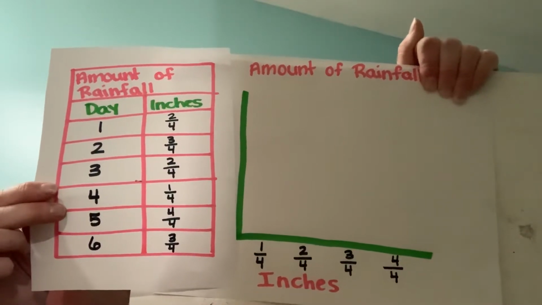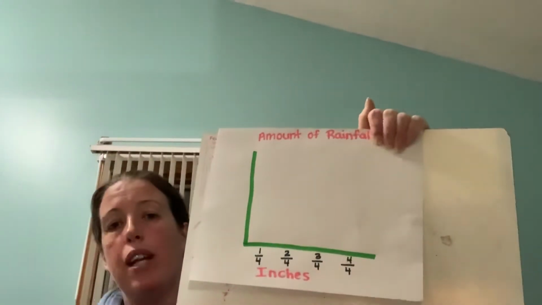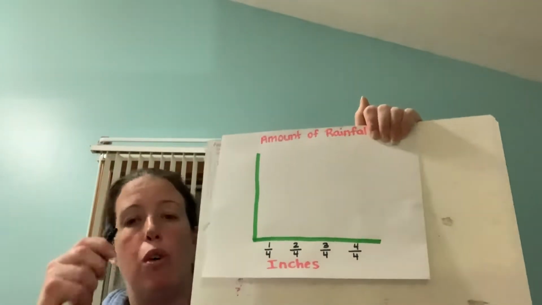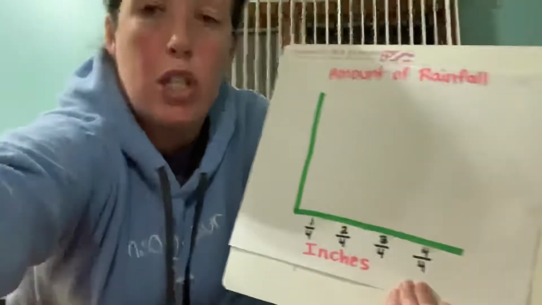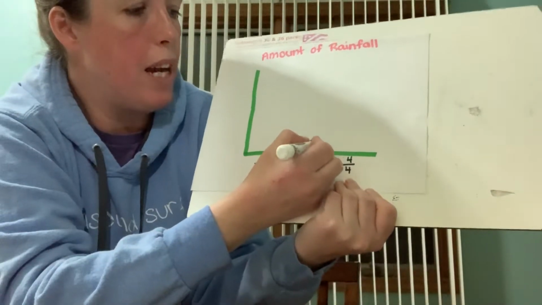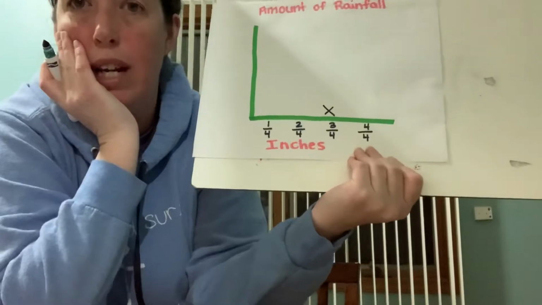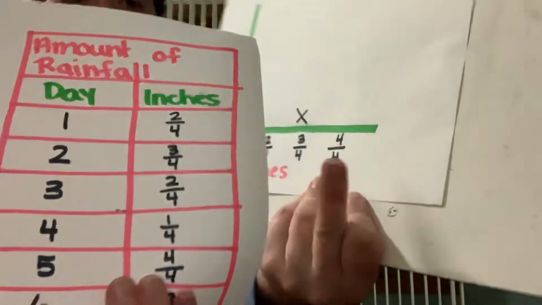So first, on day 1, I had 3/4 inches of rain. So I'm going to go over to my 3/4 inches. Sorry, technical difficulties. And I'm going to use an X to represent one day. So one day it rained 3/4. My next one, oh, I forgot this one.